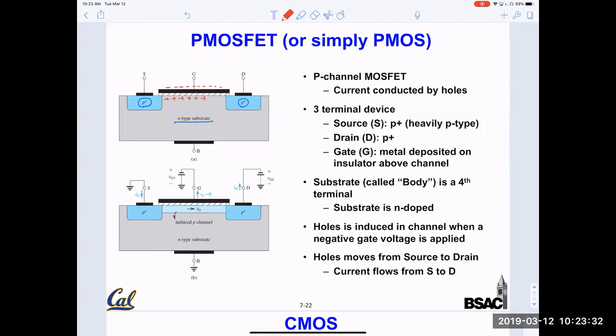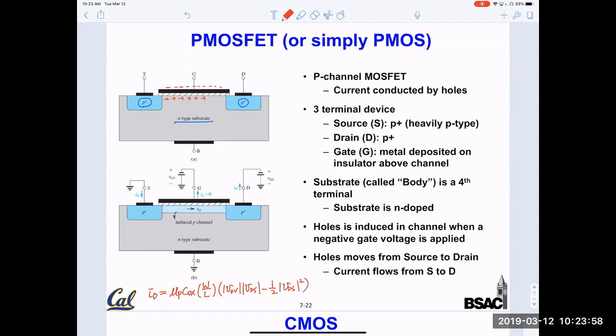ID is still the same. It's mu P Cox times W over L times, I'll put the absolute value sign here because the sign flips, overdrive voltage, VDS, okay, minus 1/2 VDS square, okay.